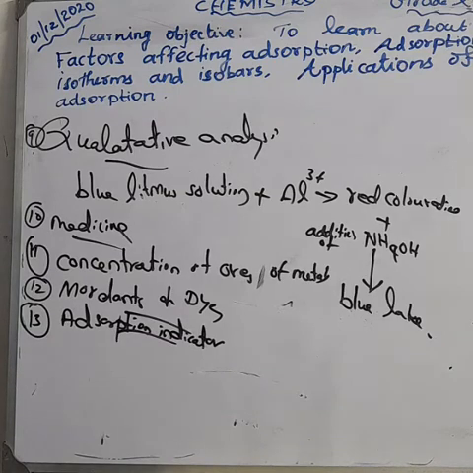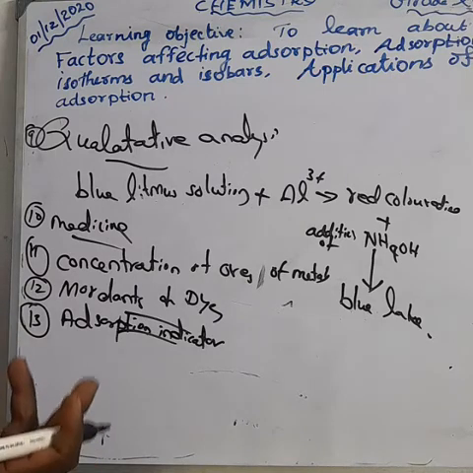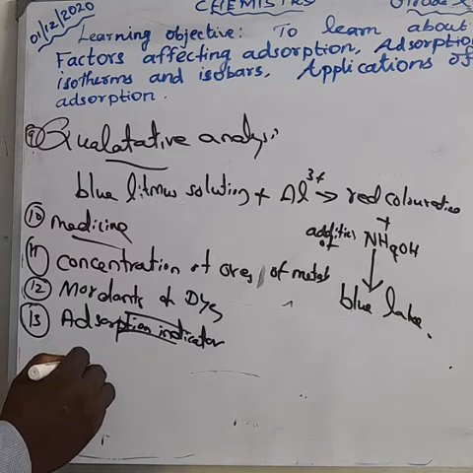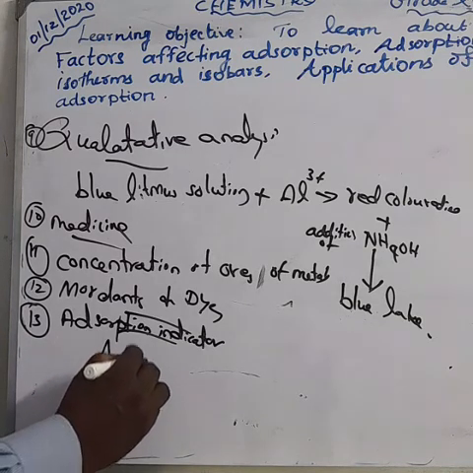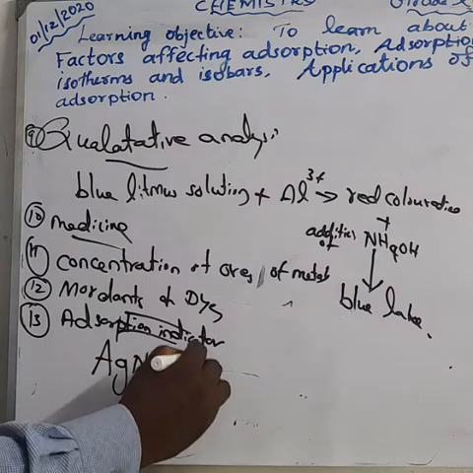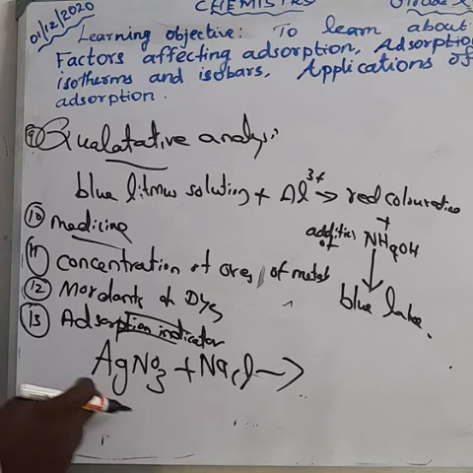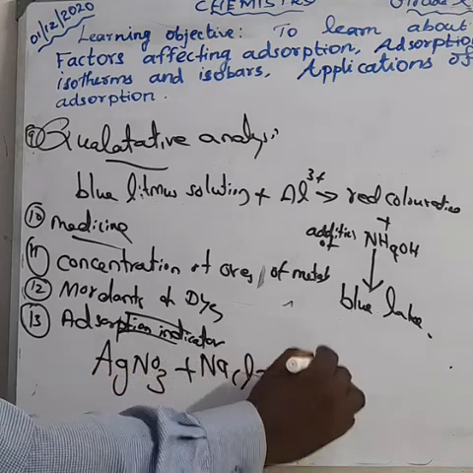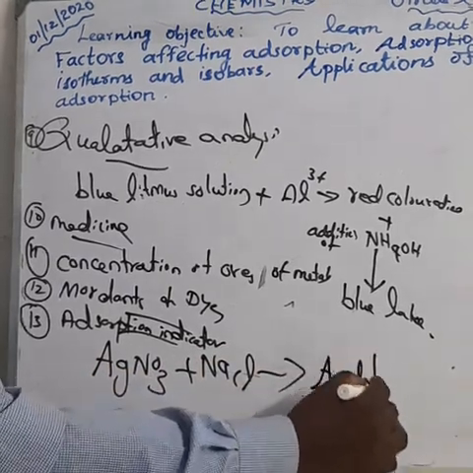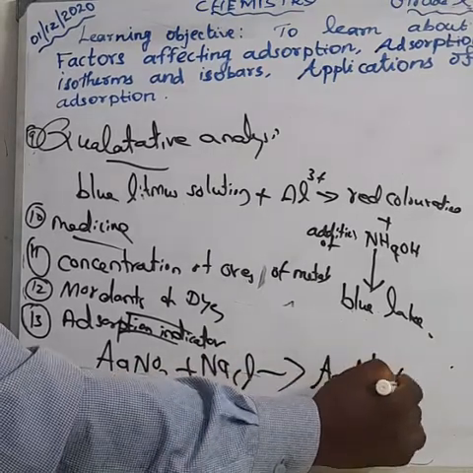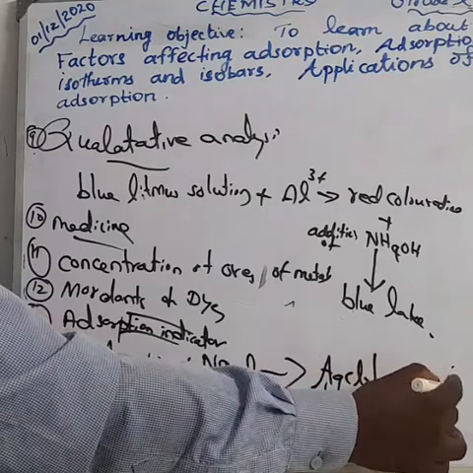Take a precipitation reaction, that is a reaction between silver nitrate and sodium chloride. Silver nitrate, AgNO3, reacts with sodium chloride, so silver combines with chlorine to form AgCl, which is precipitated, and sodium combines with nitrate to form NaNO3, sodium nitrate.